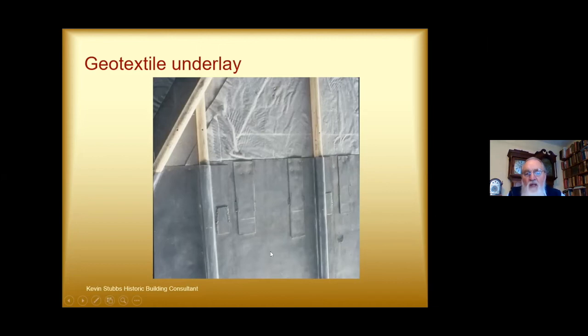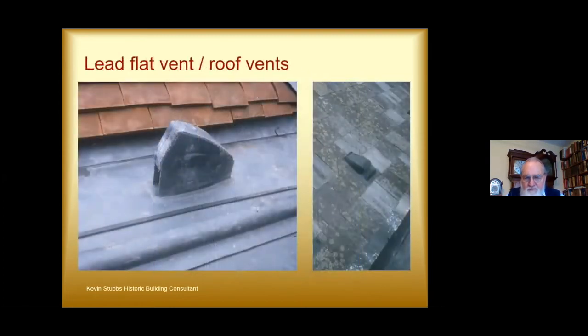So it's very essential to take note of the latest guidance from Historic England and also the Lead Sheet Development Association when renewing lead work as to what should be happening immediately beneath it. Where one does put back a cold roof, one needs to make sure there's adequate ventilation.